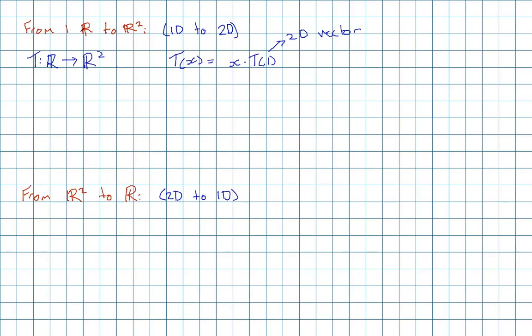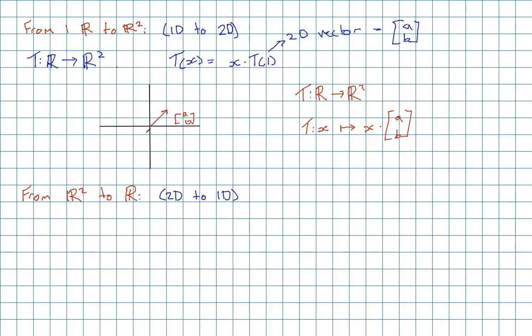So we could let this 2D vector be (a, b). And so therefore, our general form becomes that t takes x to x times some vector (a, b), which is of course just some multiple of this vector (a, b).